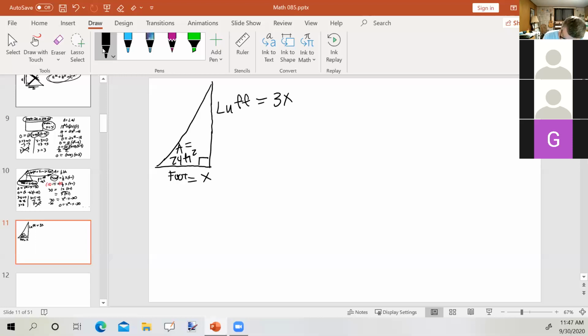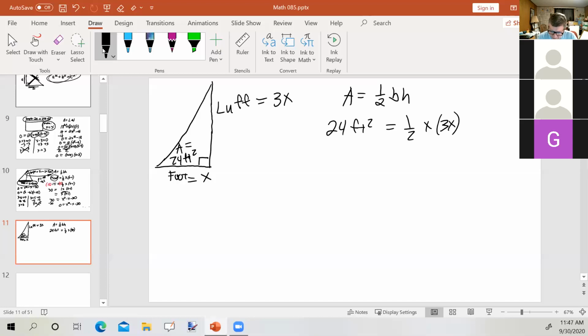All right. So the area of a triangle is 1/2 the base times the height. We're told that the area is 24 square feet. The base is x and the height is 3x. Now, once again, I have a fraction.